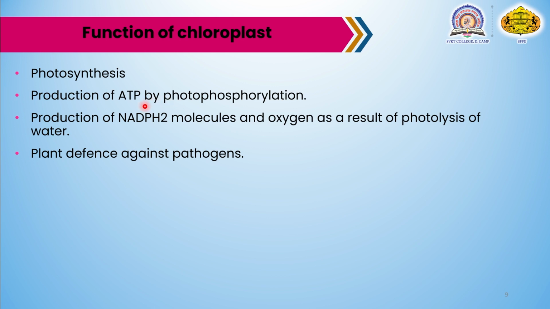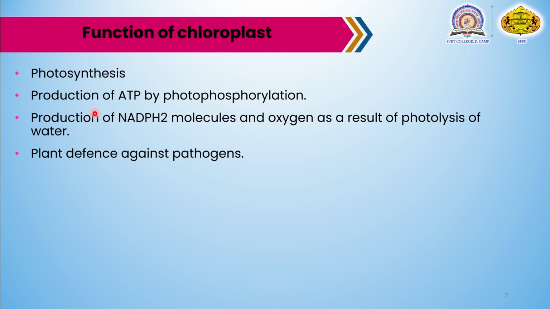The dark reactions occur in the stroma of the chloroplast. That means it performs photosynthesis, that is, it synthesizes food material in the presence of light. So this is photosynthesis.